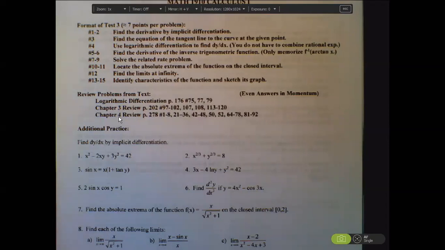Just type carefully, and I've set it up so several of the problems have several parts, and even if you miss 1 part, you can still get the other parts right. Just be careful before you submit. Look at all your answers and make sure they're what you meant to type in. Okay. All right, what else about the test?